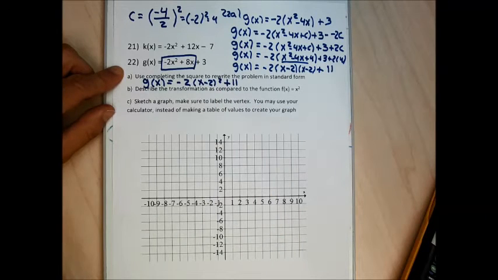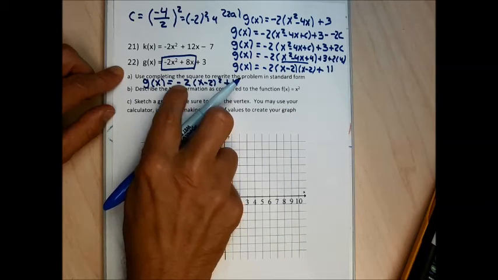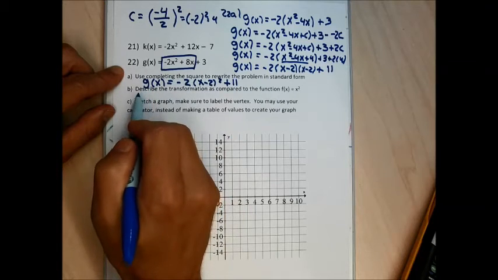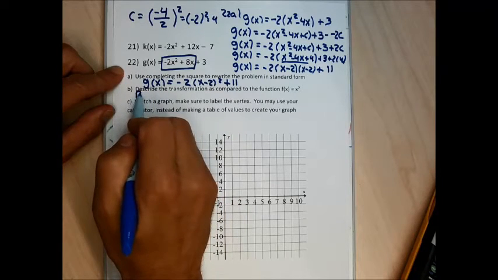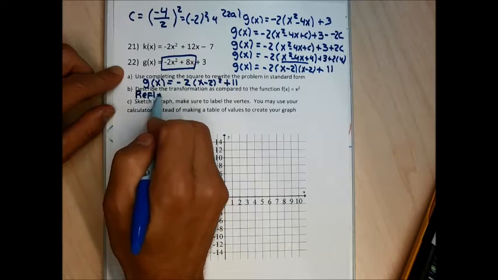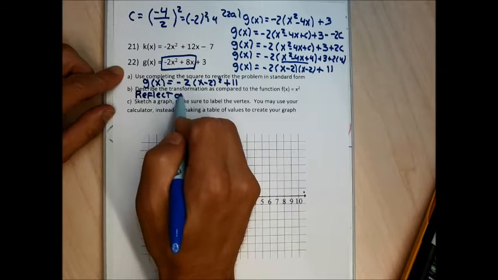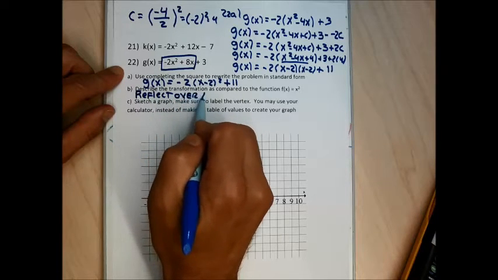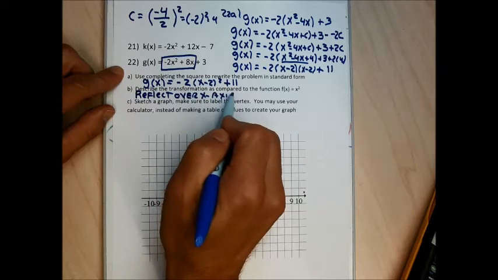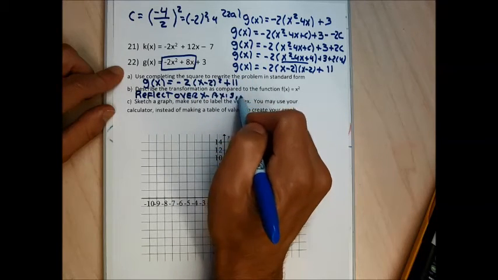Done with part A. For part B, for the transformation, the minus in front of the 2 is going to reflect it over the x-axis or make it go upside down. The 2 is going to make it narrow.